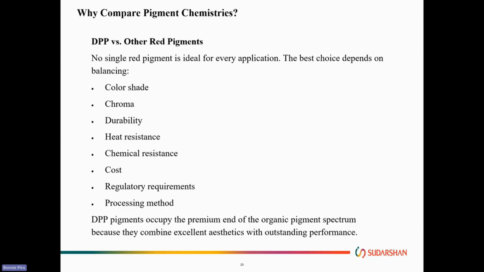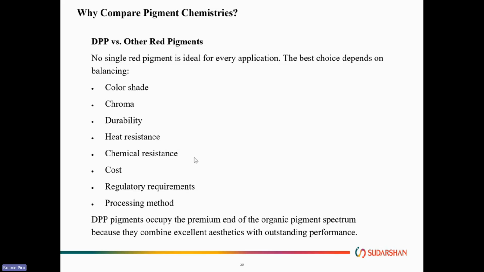So, as you well know, there's no single red pigment that's ideal for every application. So as you're selecting pigments, you're going to have your list of attributes that you're looking for. And each application will have its own attribute list to be able to get to that end point.